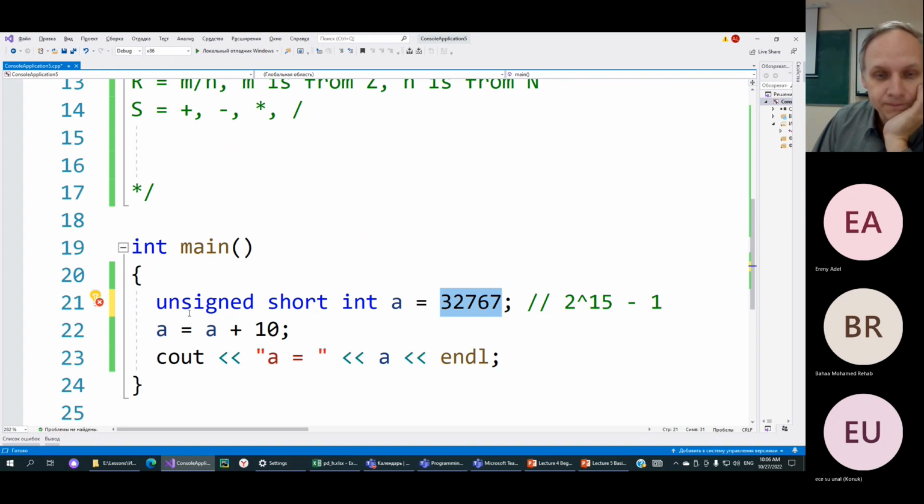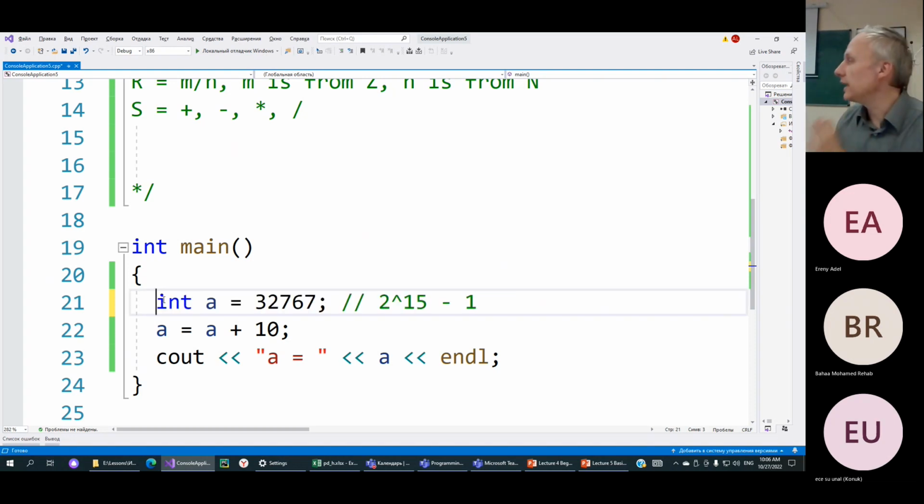And in your programs, of course, it will be enough to use int in any case, because the range of int is rather large, plus minus 2 billions. It will be enough for you to use it in your programs.